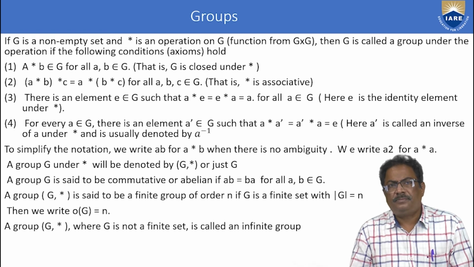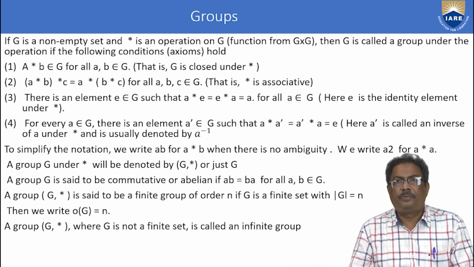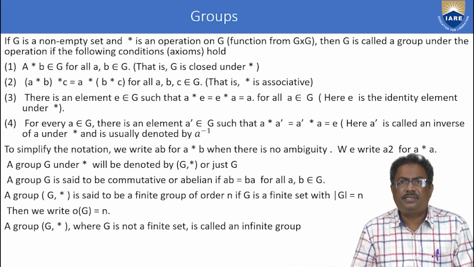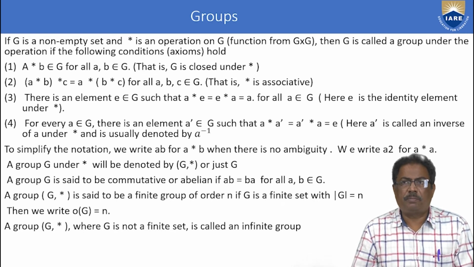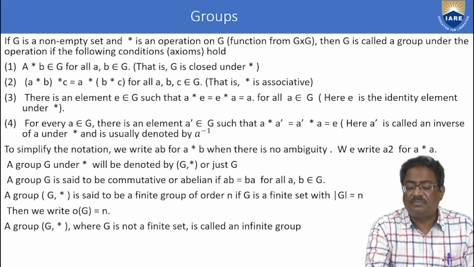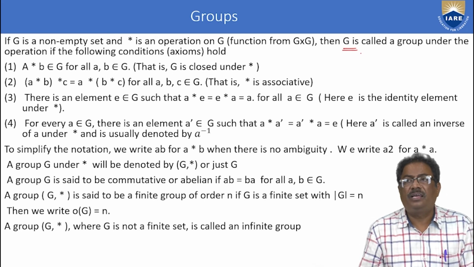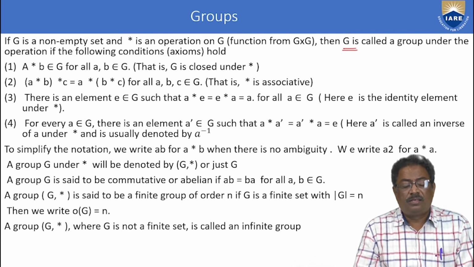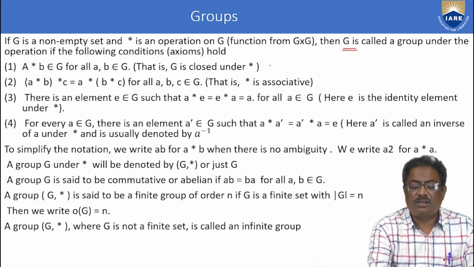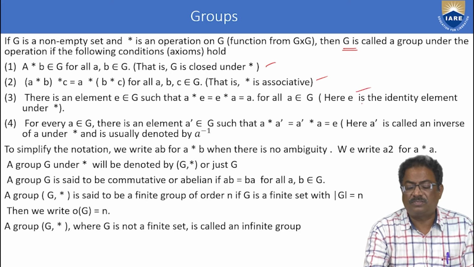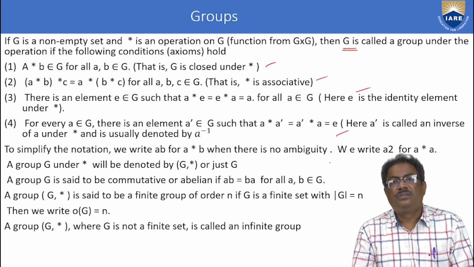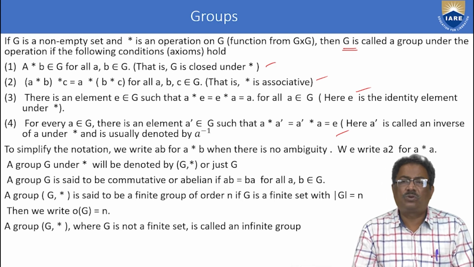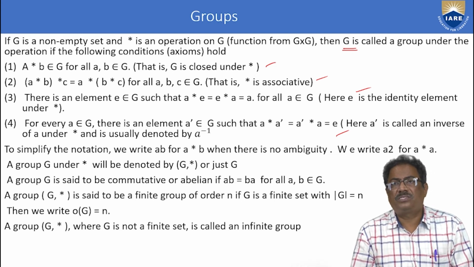So now, what is a group? Here G is a non-empty set and star is any binary operation. Then G is called a group under the binary operation star if these conditions are satisfied. One, it is closed under the operation star.